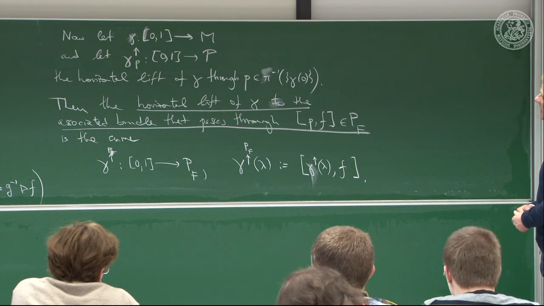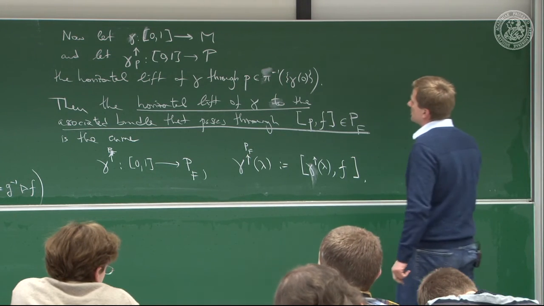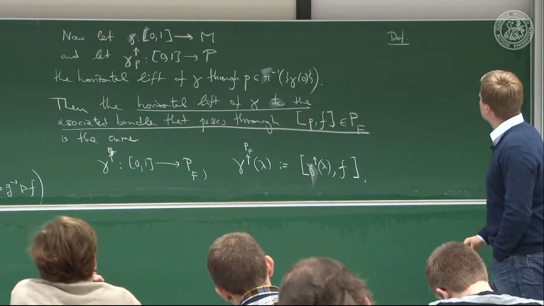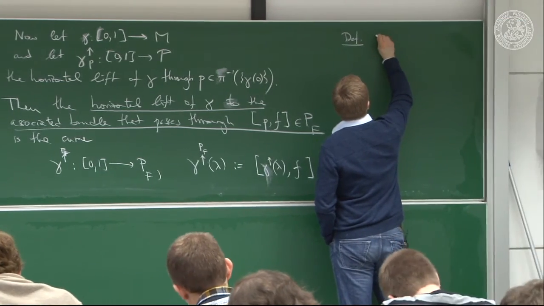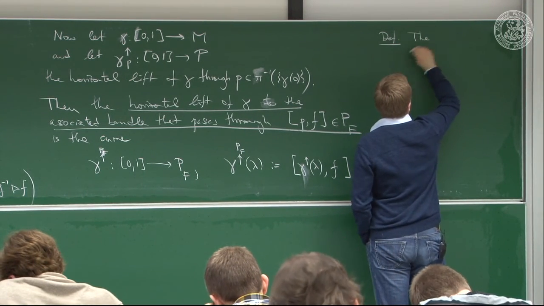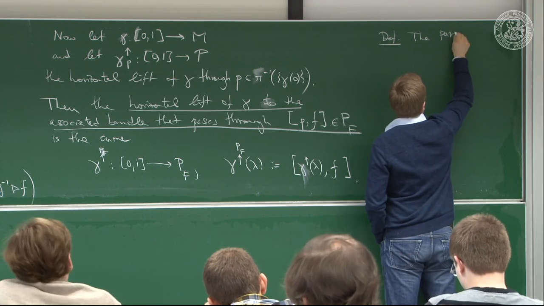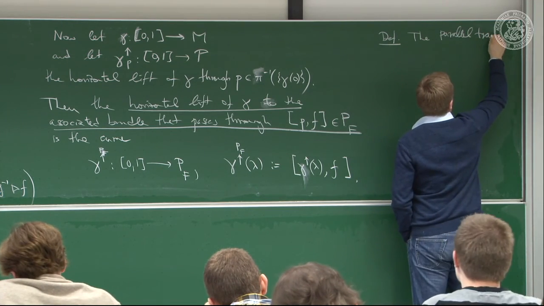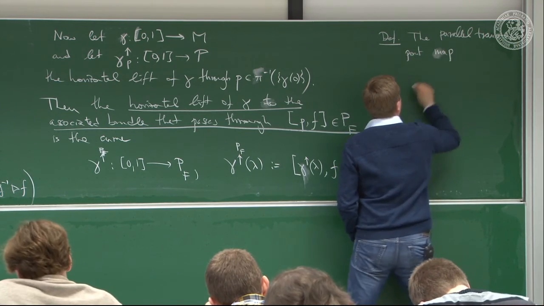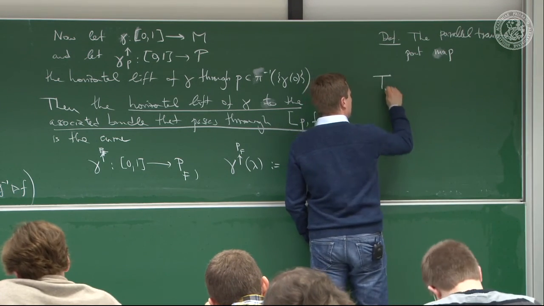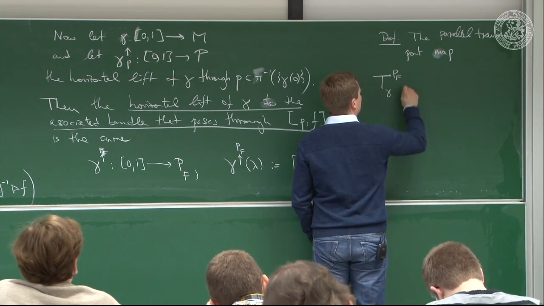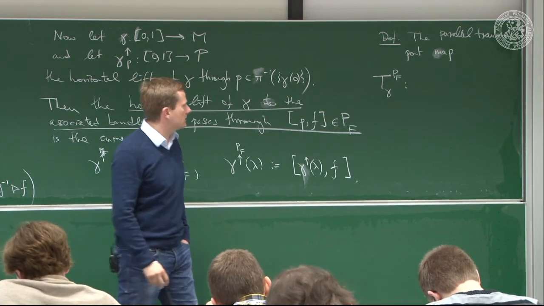And so this defines this horizontal lift. Another definition, which I'm not going to spell out because it's totally obvious, is the parallel transport map T, which still depends on the curve gamma in the base manifold, but is now the transport map on the associated bundle.